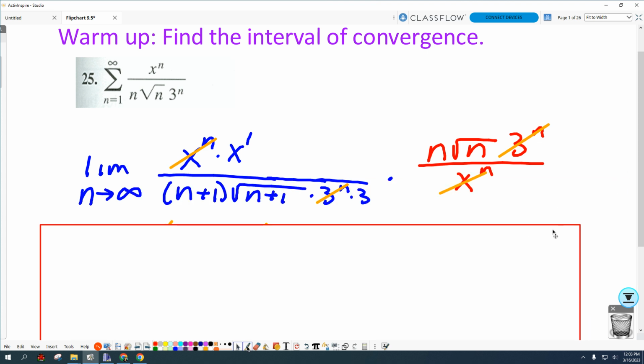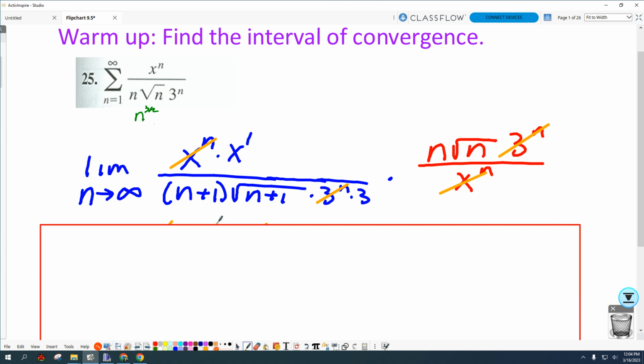So yesterday, as we did it, third period was like, can I just call this n to the 3 halves and just do n to the 3 halves here and n plus 1 to the 3 halves there? Sure. But x to the n plus 1, I'm splitting it up in advance. x to the n times x to the 1 is x to the n plus 1.